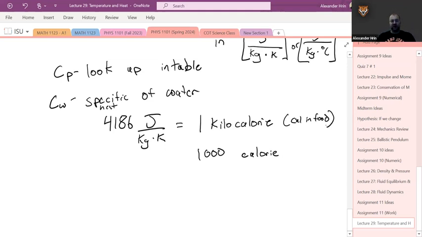So that's 4,186 joules of chemical energy per kilocalorie. You can imagine that would be lifting a 41 kilogram object 10 meters, and a 41 kilogram object is a pretty heavy thing.